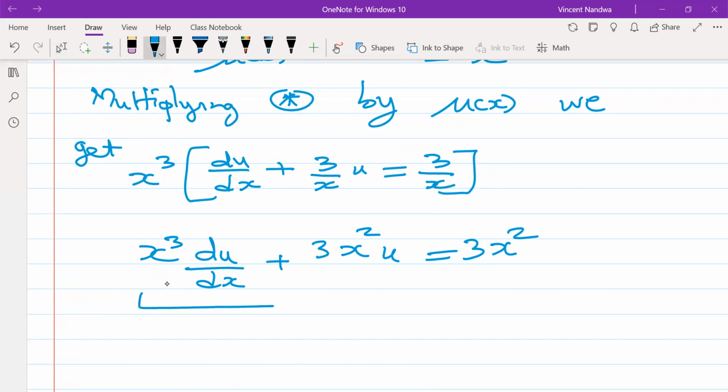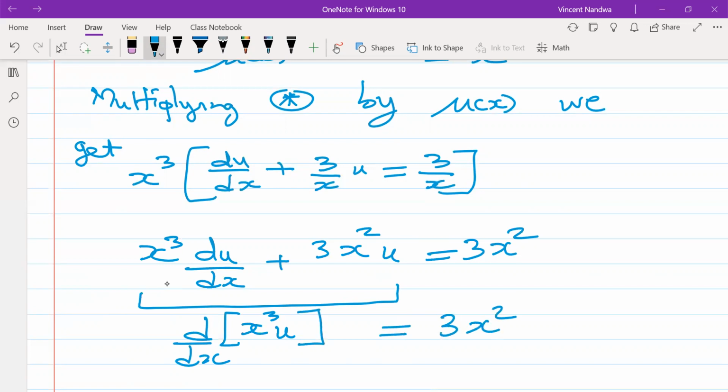But check that this is the same as d dx of the integrating factor multiplied by u, which is the same as 3 x squared.